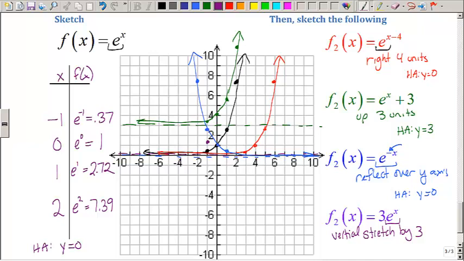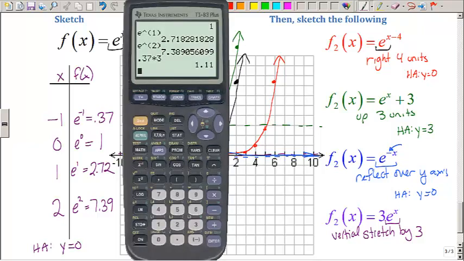At 0 comma 1, I'm 1 tall. What's 3 times as tall as 1? Well, 3. At 1 comma 2.72, I am 2.72 tall. Well, 3 times tall as 2.72, I don't know what that is in my head, so I'm going to multiply it. 2.72 times 3 is about 8.16.